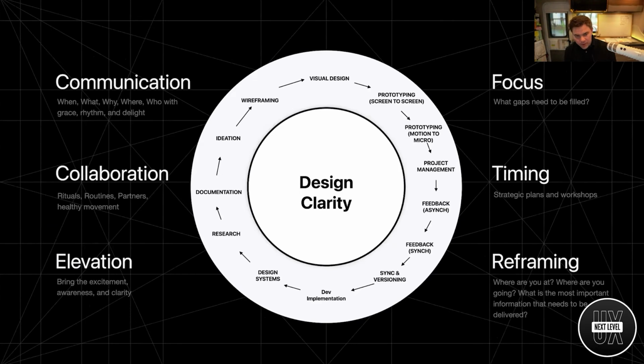Also, you need to keep in the other part, right? We talked about design clarity in the previous months, and this is like the second tier of how we can create design impact, right? How do we communicate? How do we collaborate? How do we elevate? Elevation to me is like those weekly syncs that you have, or those bi-weekly syncs where you got the people in the room that are going to help you push something forward.